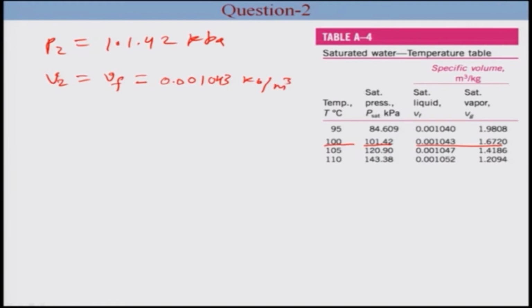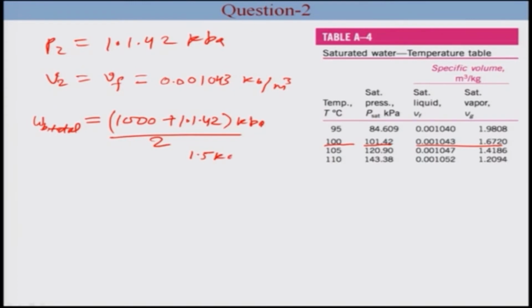After putting these values in expression 1, we get total work equal to (1000 plus 101.42) kilopascal upon 2, times mass, which is 1.5 kg, times the change in specific volume, which is (0.00104 minus 0.059097) meter cube.